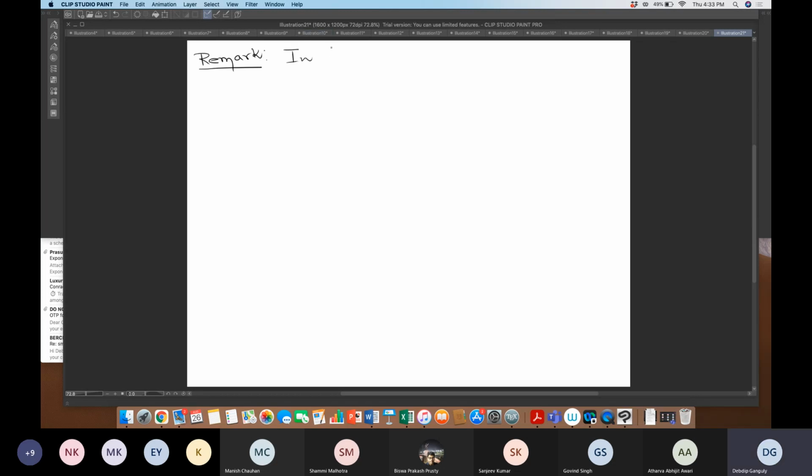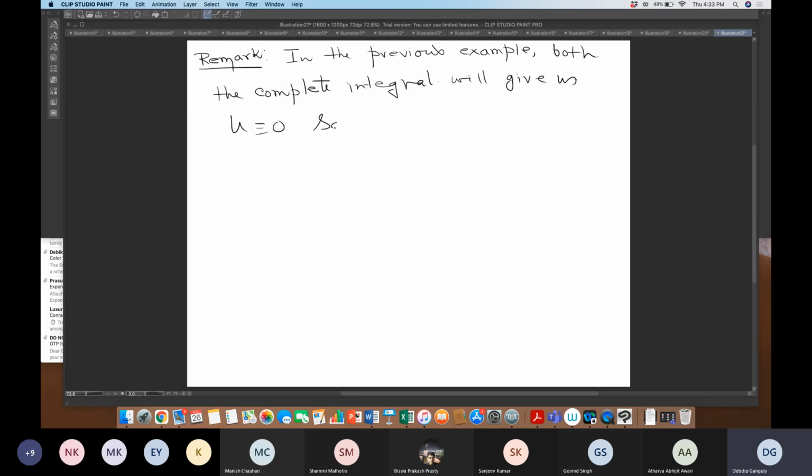in the previous example, both the complete integrals will give us the u equal to 0 solution.